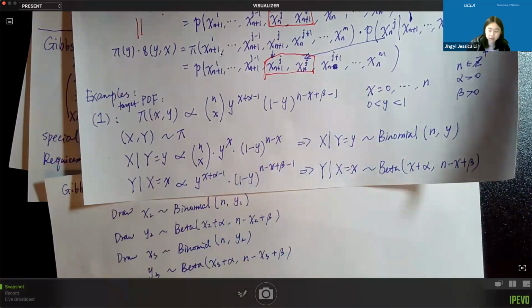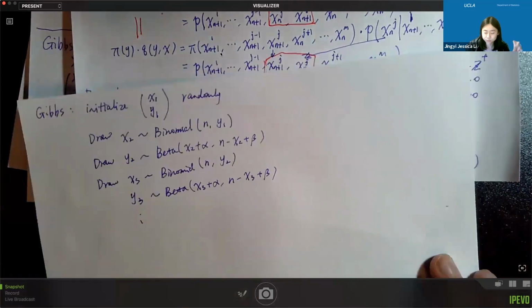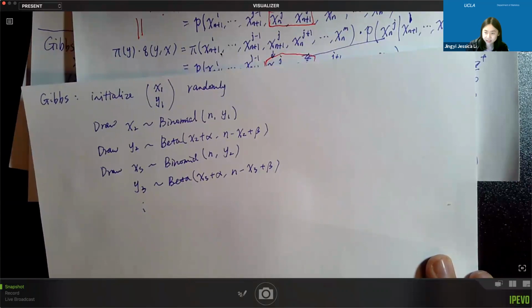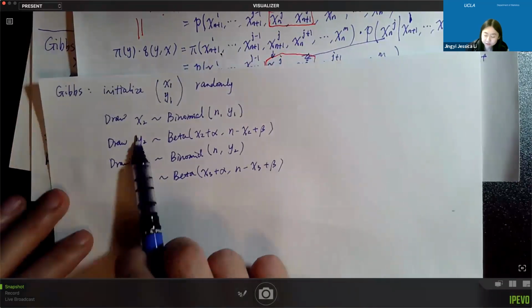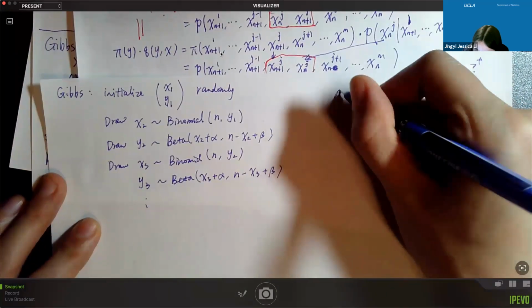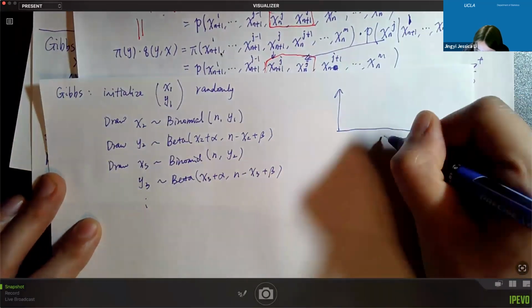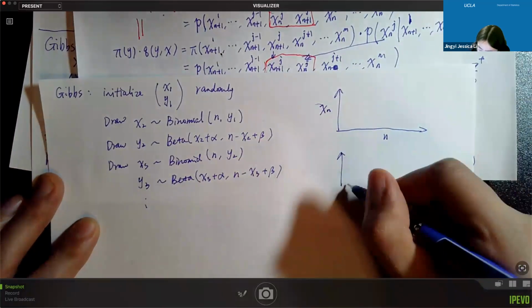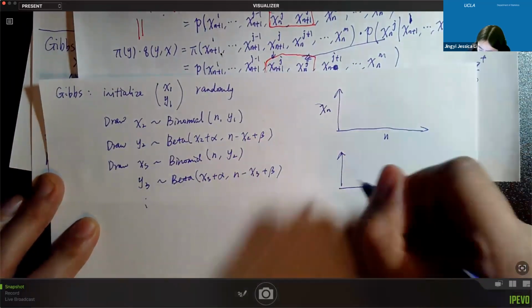So you see, you're just alternating this procedure by updating the x and by updating the y. And then you can check all the values you have drawn. You can plot these as your x_n, with n as the iteration, and you can also do this plotting for y_n.